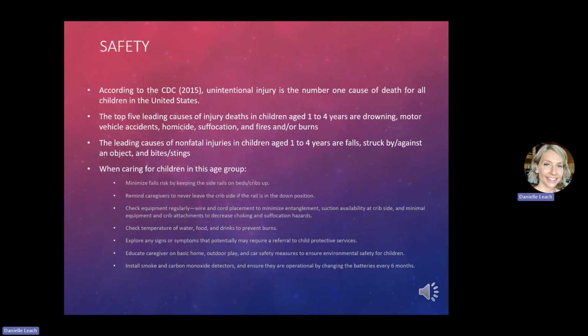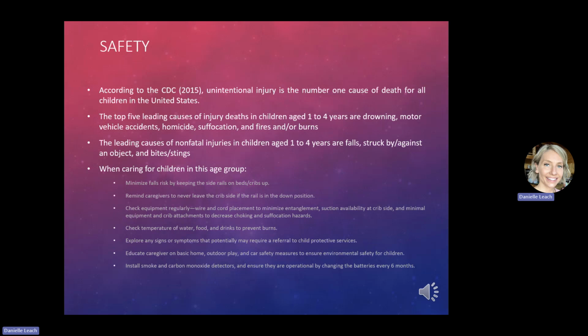When we're caring for children in this age group in the hospital, especially, we want to minimize fall risks by keeping the side rails on the beds or the cribs up. Even though these aren't babies anymore, there's still a risk that they can fall out of a bed or even a crib, especially when we have them raised up very high so that we can access them.